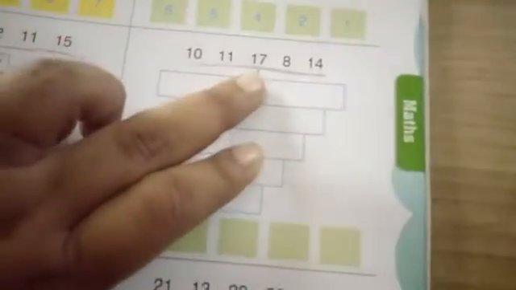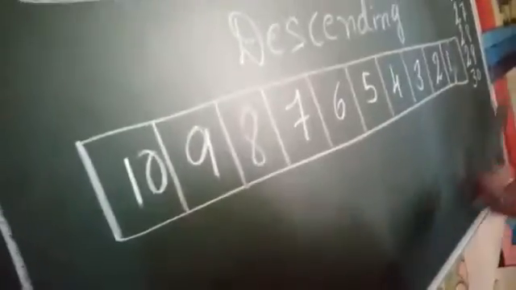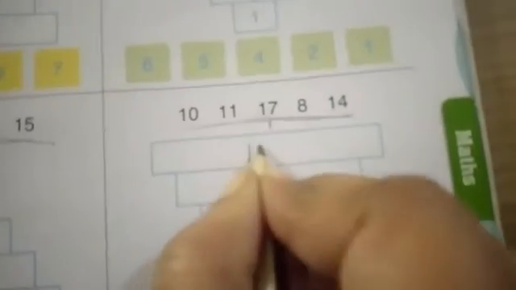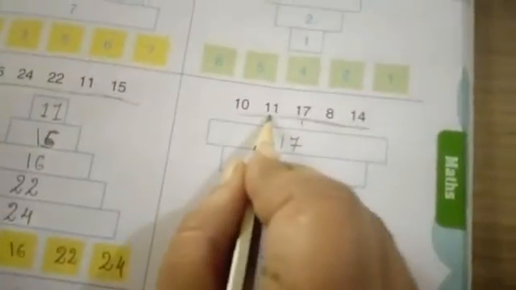Okay, come to this. Which one is highest here? Yes, 17, children. 17 is higher than 11, na? Here 17 is higher than 11. We are taking descending order. See here, descending order. Then after 17, 14 is there. 14 and 11.